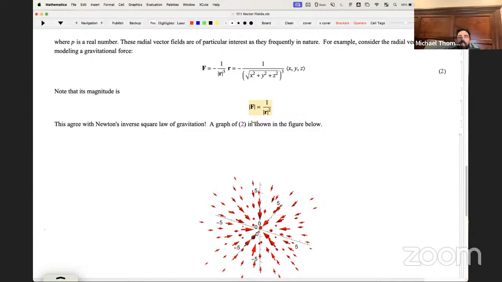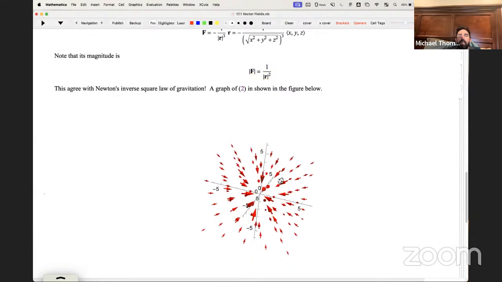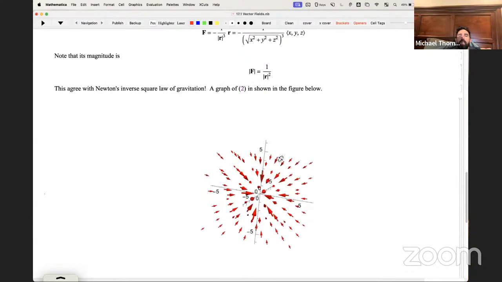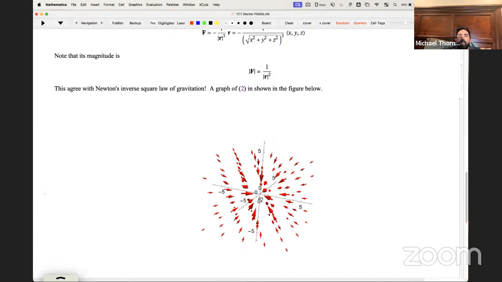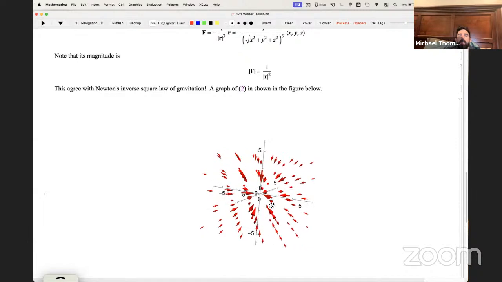There's a force pulling me down towards the center of the Earth, and the magnitude of that force is 1 over the magnitude of the radial vector squared. So this would be like that Earth one I showed you earlier. This is a gravitational vector field where you have the mass at the center. That would be the Earth, and you can see that the vectors get longer as we get closer to the center.